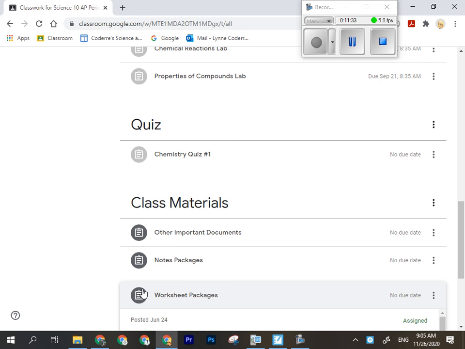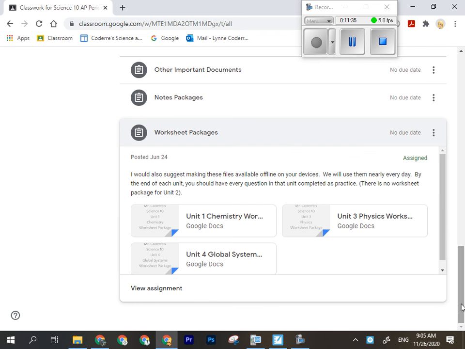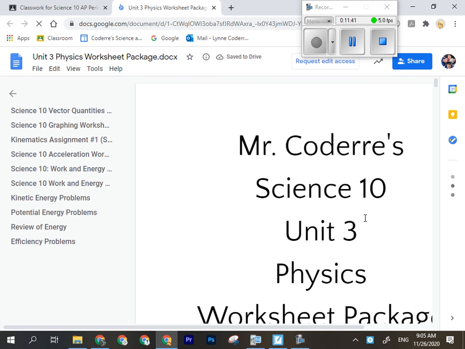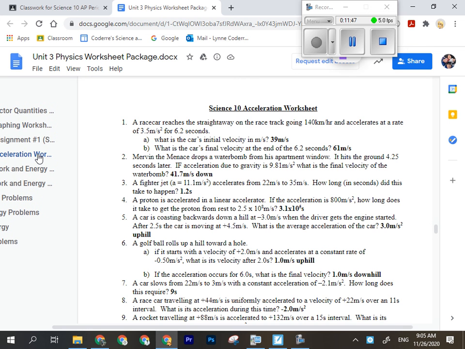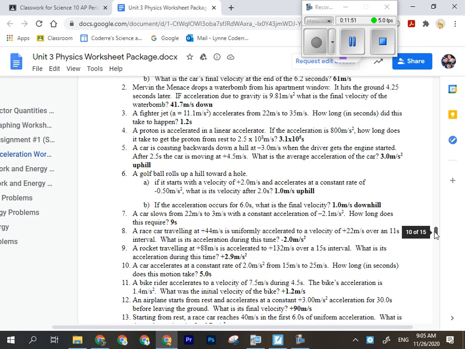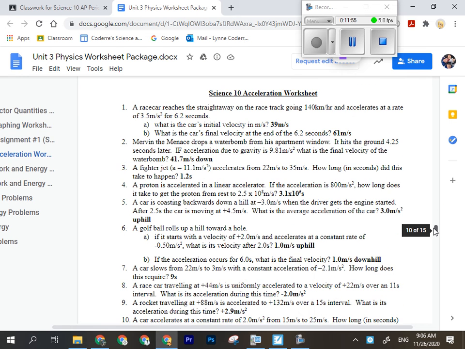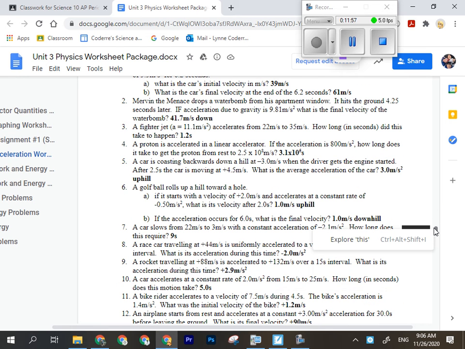It's under worksheet packages, and it is the physics workbook. We want to be on page 10 of this workbook. Don't worry about question number 1. The wording of it always gets people, so don't worry about that.